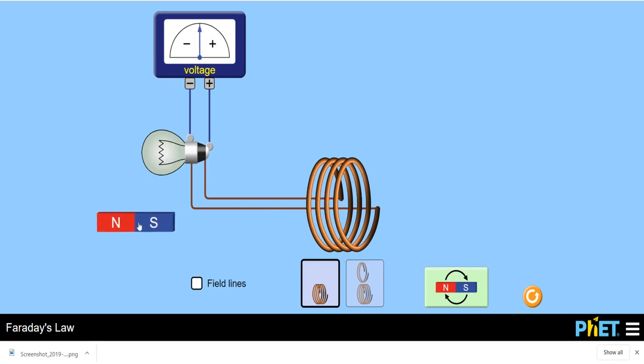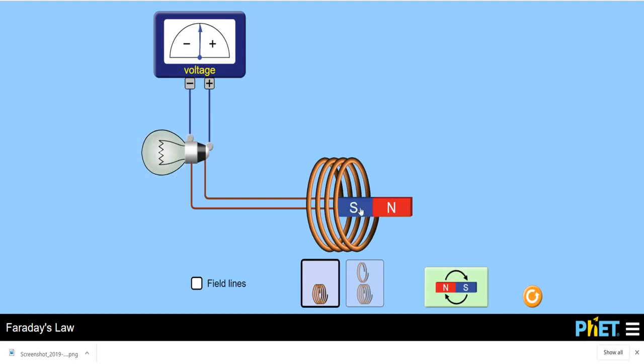Let's do the same experiment with the south pole. South pole facing it. Here it is north. Now let's take south here. The bar magnet's poles, I have reversed them. Now see, initially the deflection was on the left side when I was moving it towards the coil. Now see, the deflection is on the right side.